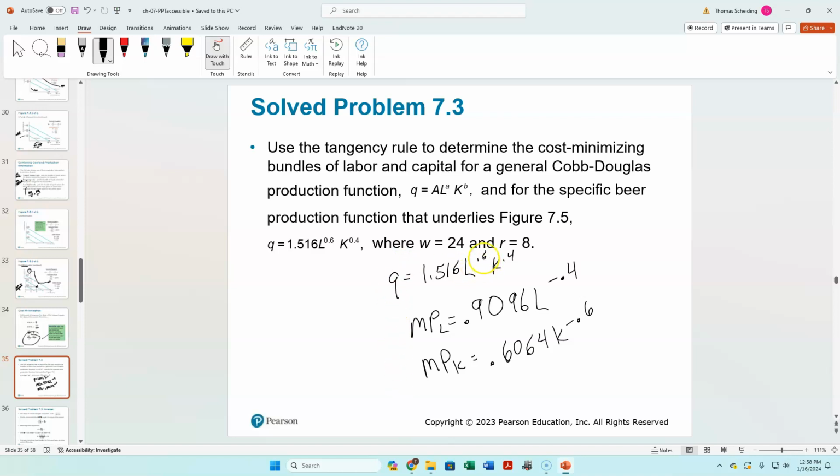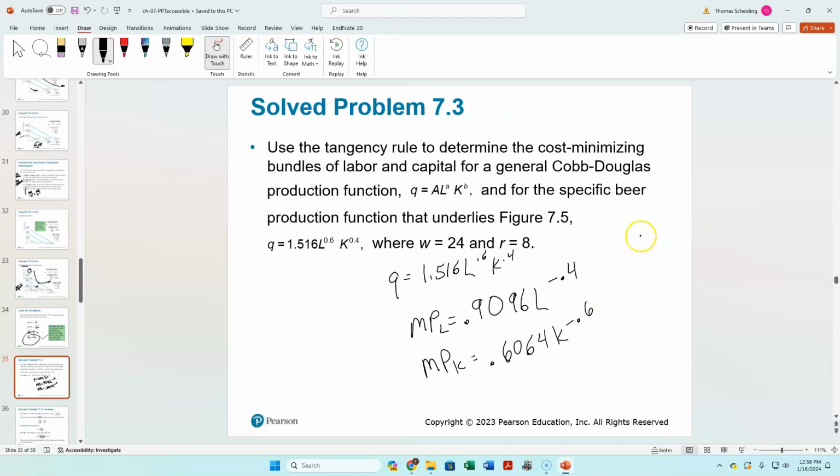I took the 0.6, brought it out in front, so I multiplied 0.6 times 1.516, which gave me 0.9096 L. And then you have to subtract 1, so 0.6 minus 1 is negative 0.4. Then over here for my marginal productivity of capital, I put the 0.4 out in front. So 0.4 times 1.516 is 0.6064, K to the 0.4 minus 1, which would be negative 0.6.